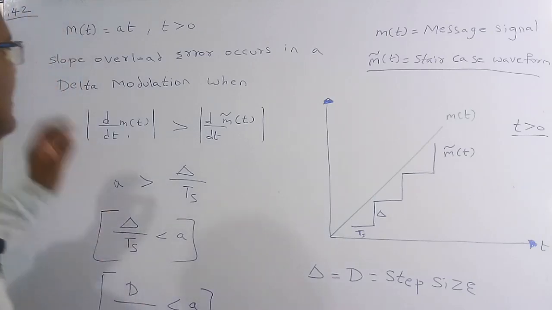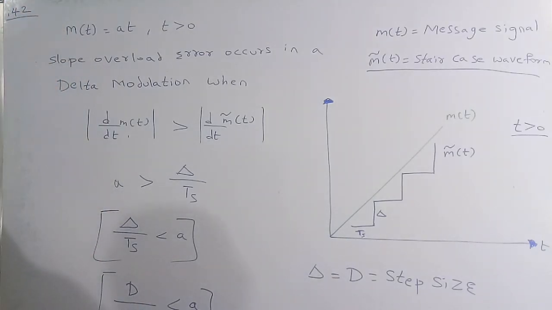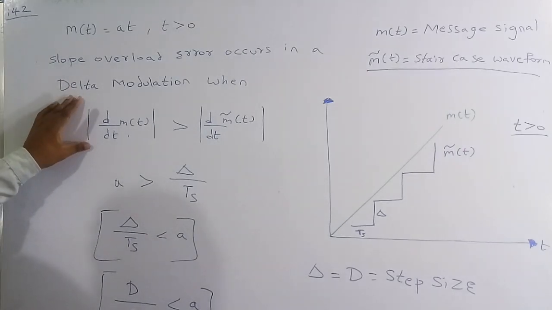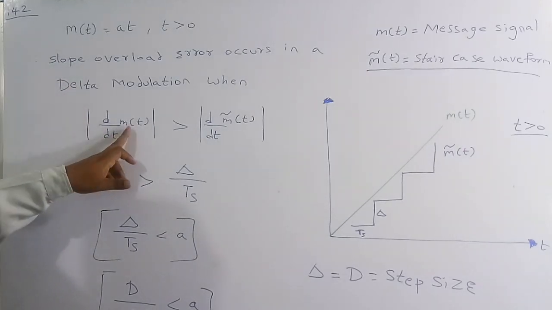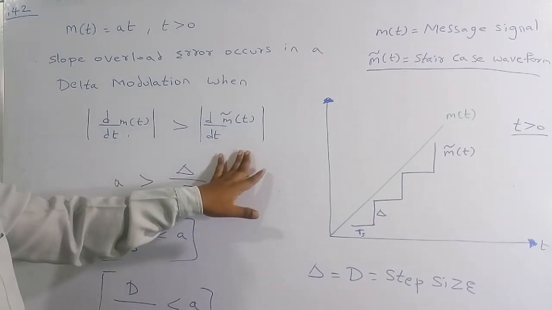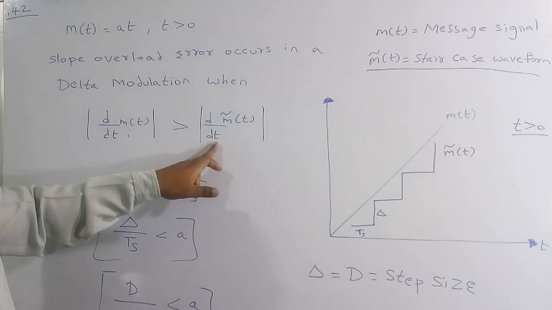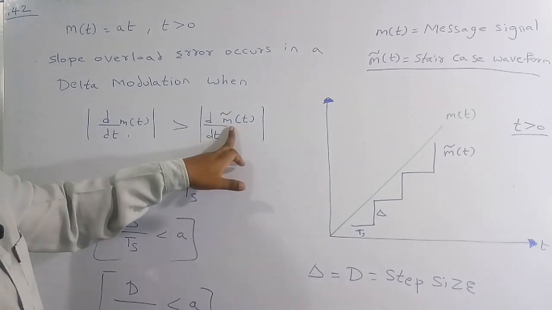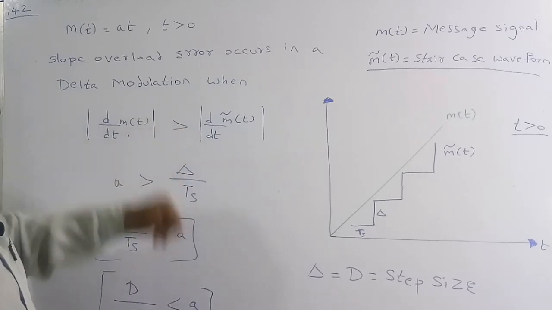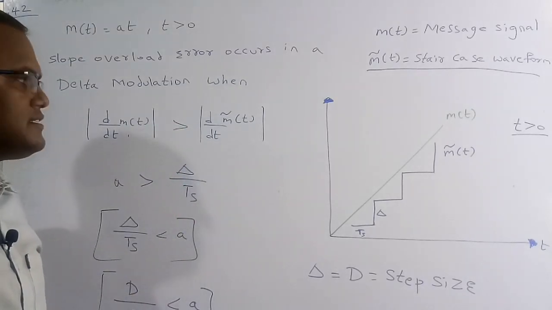What is the condition for slope overload in delta modulation? Whenever the maximum positive value of the rate of change of the message signal is greater than the maximum positive value of the rate of change of the staircase waveform, only under this condition do we get the slope overload error in delta modulation.